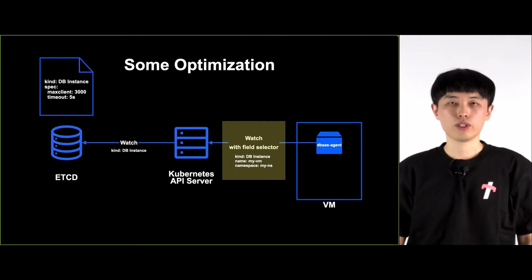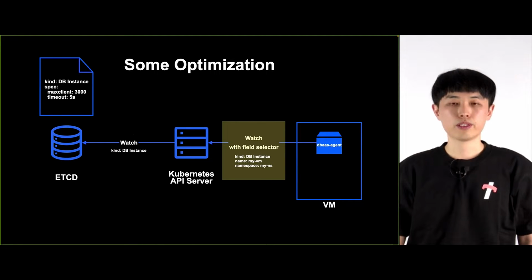But the field selector does not work within etcd, which is the storage of Kubernetes. At the API server, we bring all of the lists, and only the necessary parts from the memory will be sent back as response.